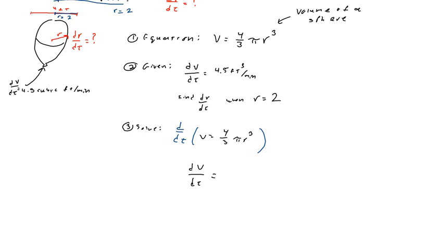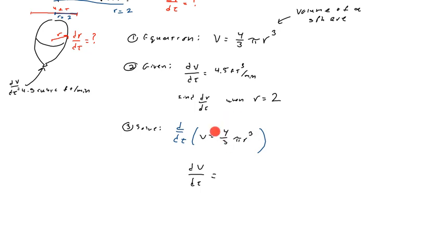I use my power rule again. The 3 goes down in front, and it's going to cancel the 3 on the bottom of the fraction and the exponent becomes squared.